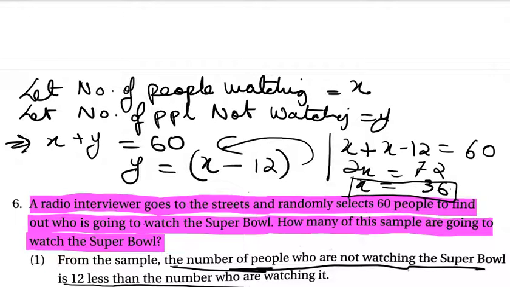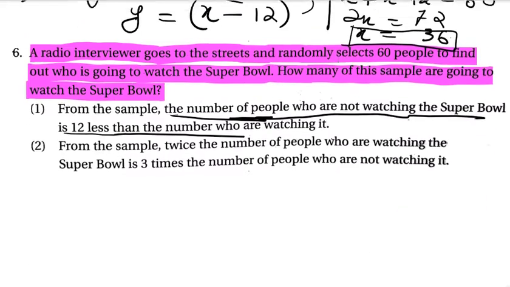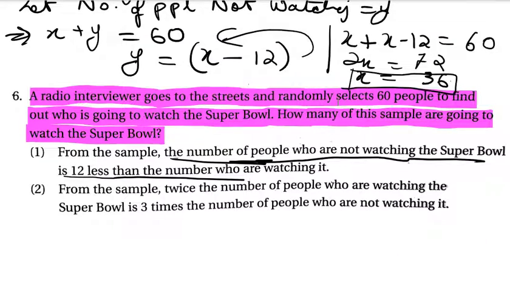Now let's check if the second condition is sufficient. From the sample, twice the number of people who are watching the Super Bowl is 3 times the number of people who are not watching. So for the second condition, twice the number of the people who are watching, that is 2x, is equal to 3 times the number of people who are not watching.